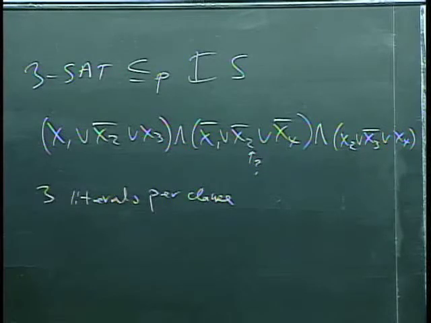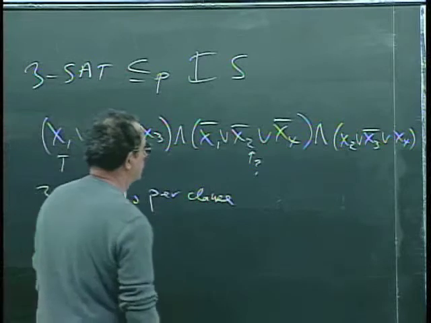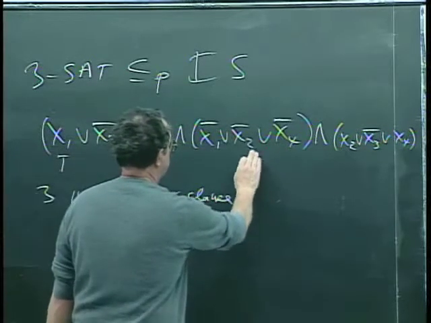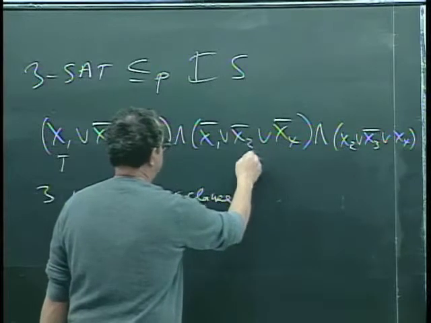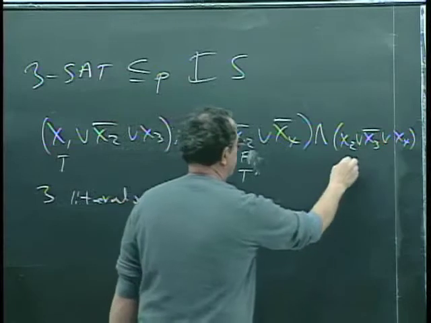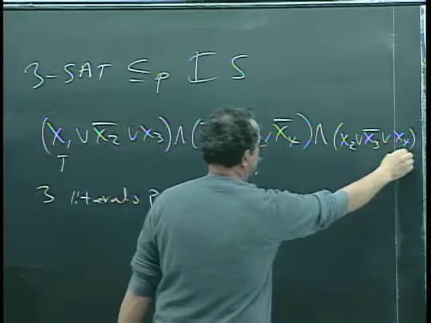Now, this particular formula looks pretty easy to satisfy. We could just make x1 true, and we can make x2 false, which makes this true, and then make x4 true.